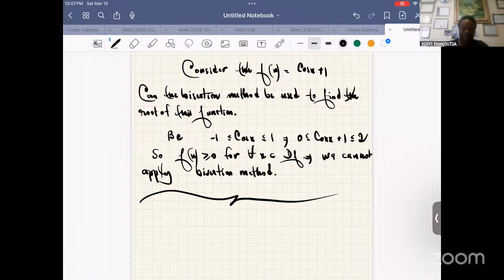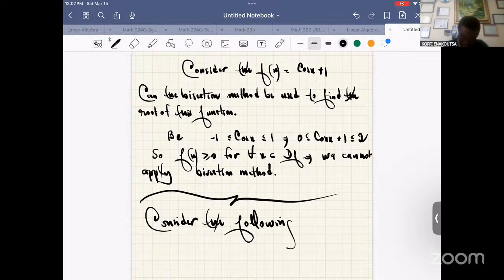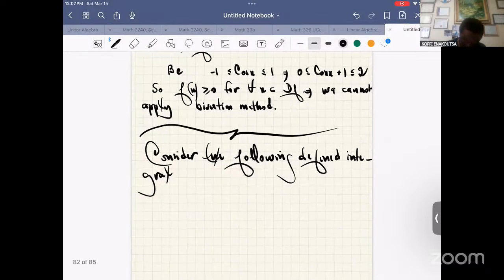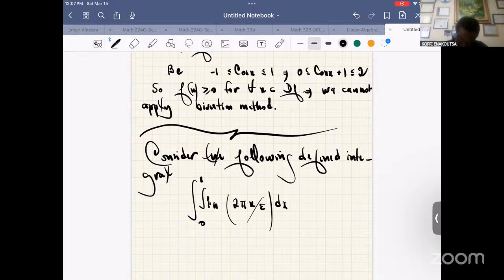So let's consider the following definite integral. Consider the integral from 0 to 1 of sine of 2 pi x divided by epsilon dx, where epsilon is some positive constant.